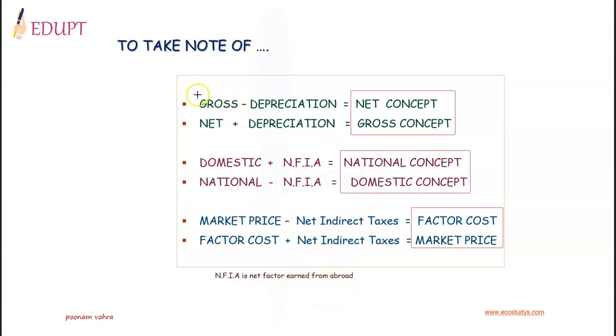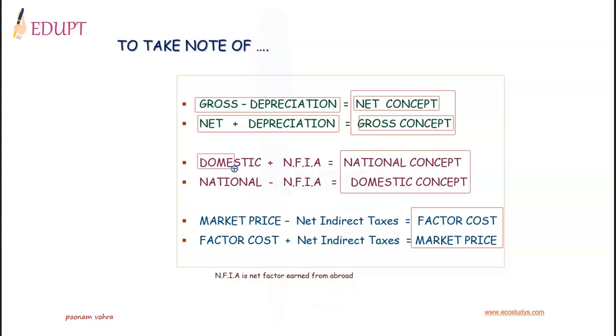Suppose gross concept is known to you and depreciation is given. You need to deduct depreciation from gross concept to get net concept. And if net concept is known to you and depreciation is given, then you need to add depreciation to net in order to get gross concept.